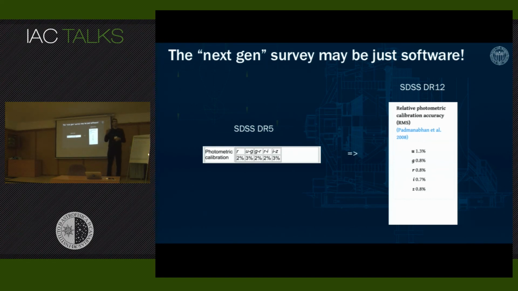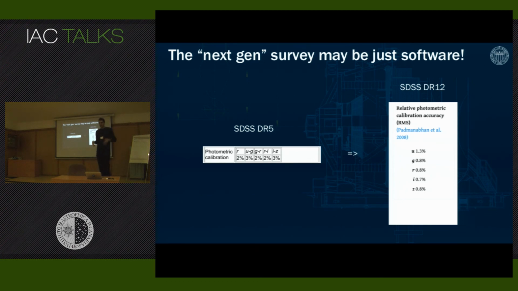So that's in a single band, better than a factor of 2 improvement. If you look at that in terms of colors, all those improvements multiply. So it's an improvement of something like a factor of 16 in the ability of placing a point into this multidimensional color space. And all of these improvements came from better understanding of the instrument.